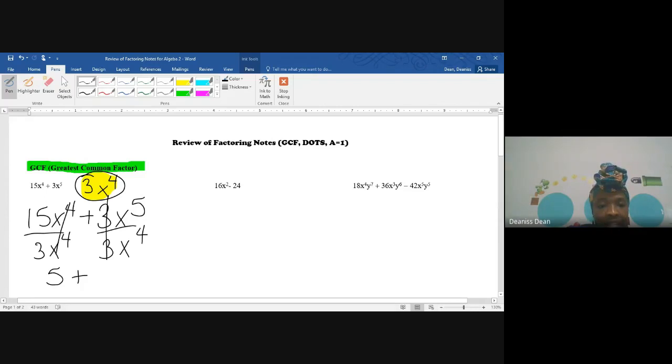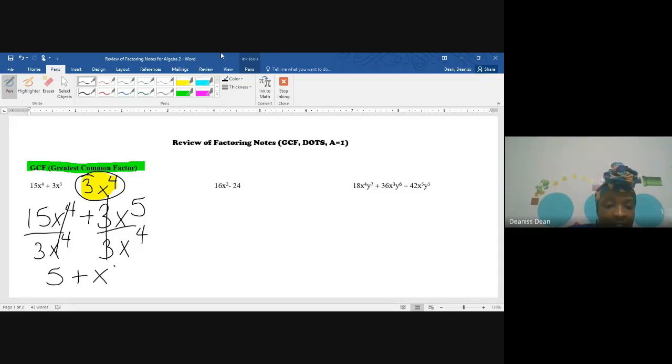Then I have x to the 5th divided by x to the 4th. Remember exponent rules: when you divide, you subtract exponents. So I have 5 minus 4, which leaves me with 1x. We just divided each term in the expression through by the GCF and we were left with this. But remember, whenever you're factoring, you don't just leave this. The GCF has to be a part of the expression.